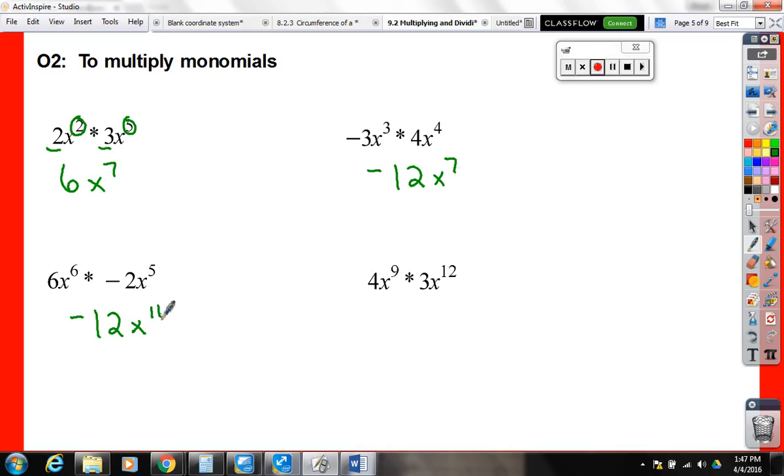Good. Multiply 6 times negative 2 to get negative 12. Add the exponents 6 and 5 to get 11. Jada, this one. Multiply coefficients. 12, 21. To the 21st power. Good.